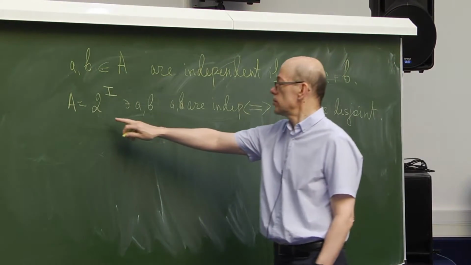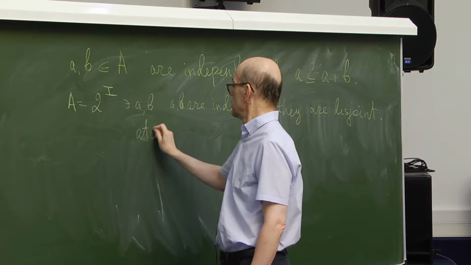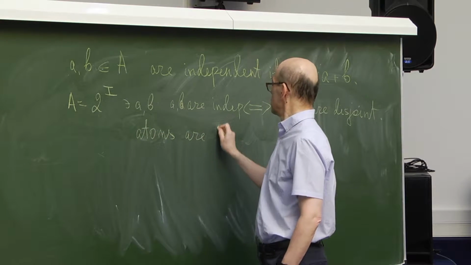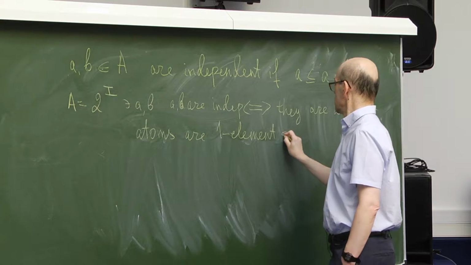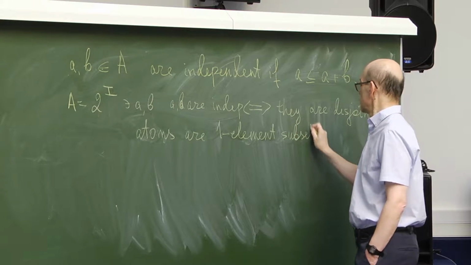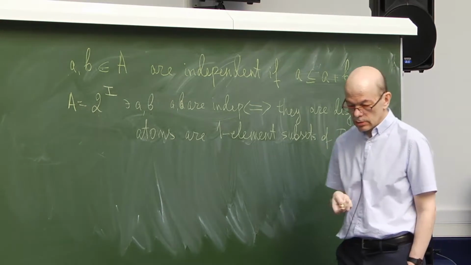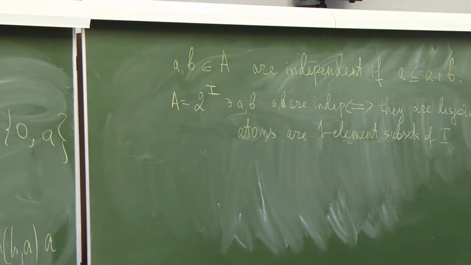By the way, I want to say what the atoms are here. Atoms are just one element subsets. And indeed, this theorem, of course, is obvious.